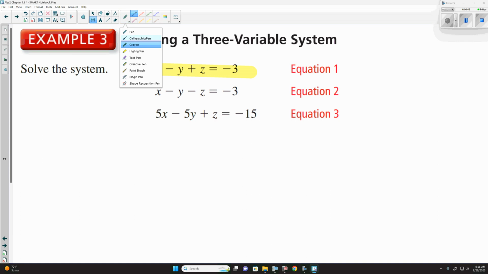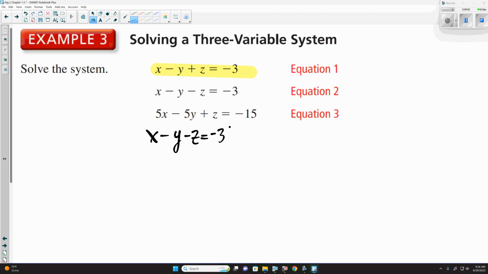Now, let's not do this in a crayon. And I'm going to write the other two back out. X minus y minus z is equal to negative 3. 5x minus 5y plus z equals negative 15.